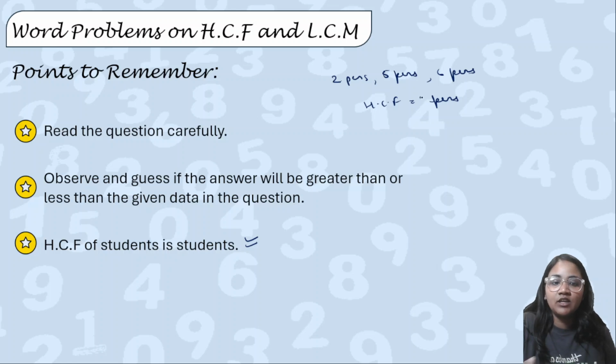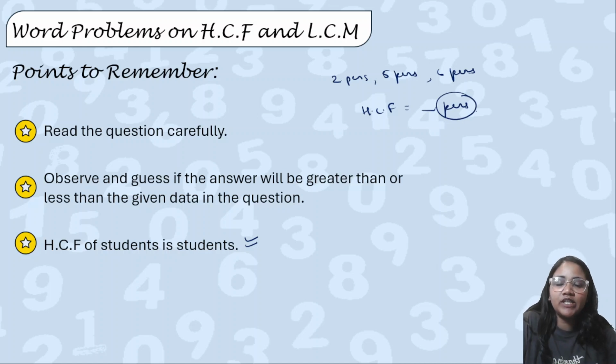So if I say 2, 5 and 6, the HCF is 1. I hope this is clear. Whatever the HCF will be, it will also be in pens.